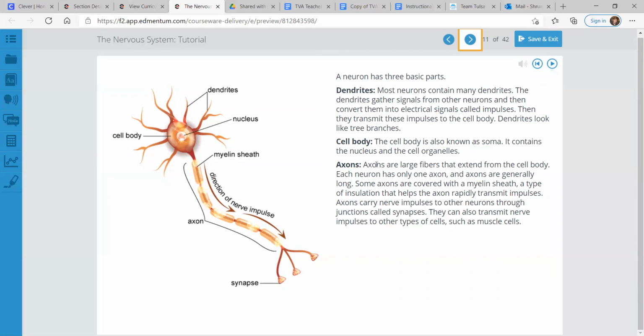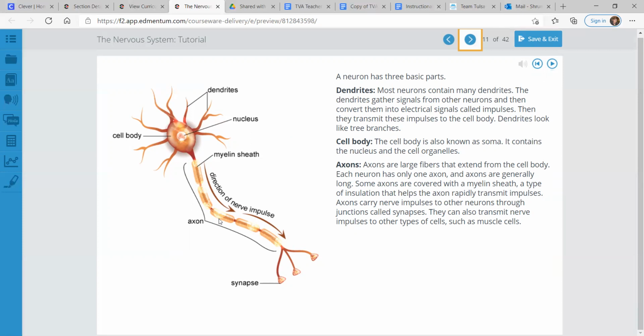The cell body is also known as soma. It contains the nucleus and the cell organelles. So this looks a lot like our typical cell, and it just has these branches called dendrites sticking out of it. And then we have an axon.